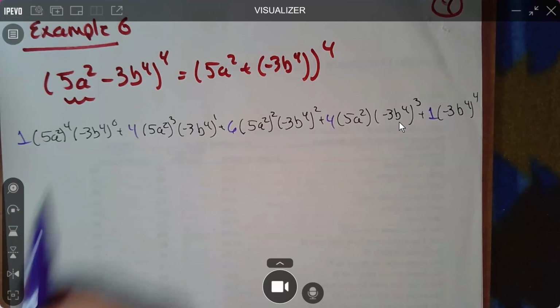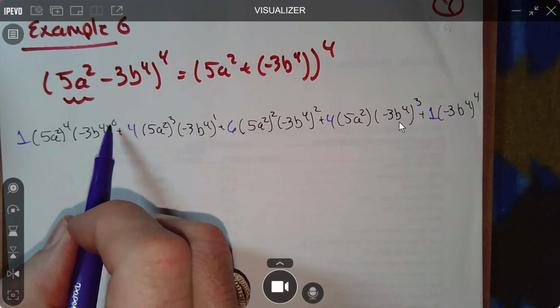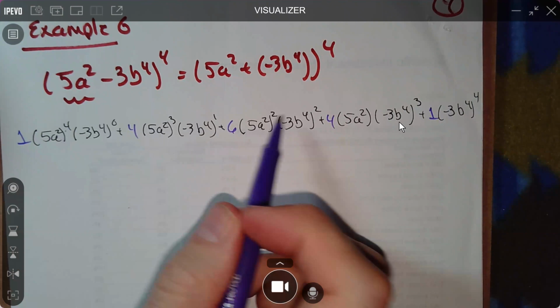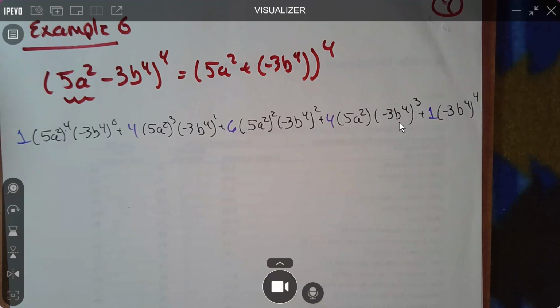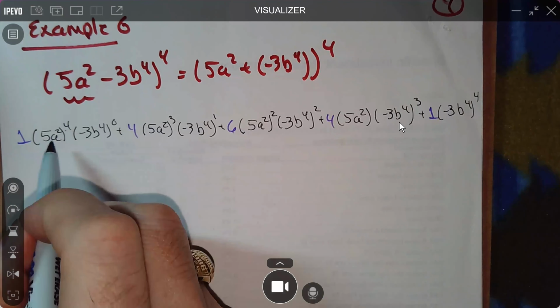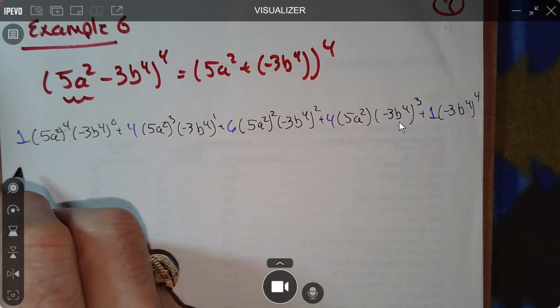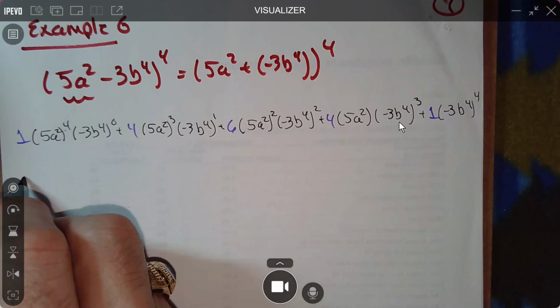At this point, these exponents all add up to 4. 4 and 0, 3 and 1, 2 and 2. It's not going to be the case after this one, though. So what's going to happen? Well, let's start with 5 to the fourth power. That's going to be 625.